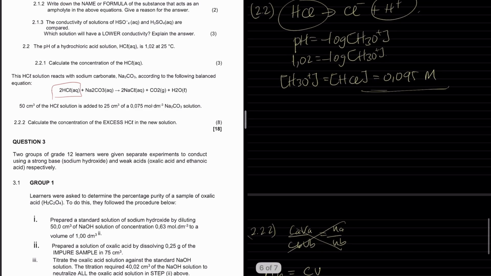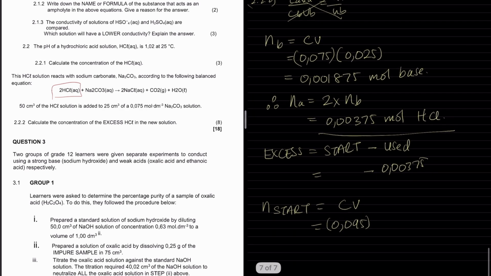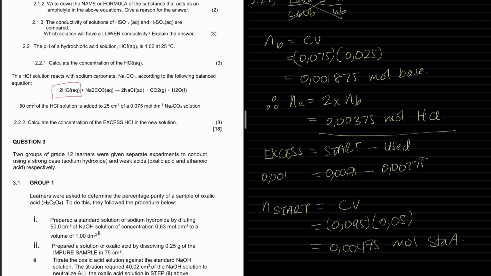Remember, we worked this out early on. It's the same HCl, multiplied by the volume, which is 0.05. Remember, 50 cm cubed, so we have to convert that. That is equal to 0.00475 moles at the start. So 0.00475 minus 0.00375 gives us an excess of 0.001 moles.